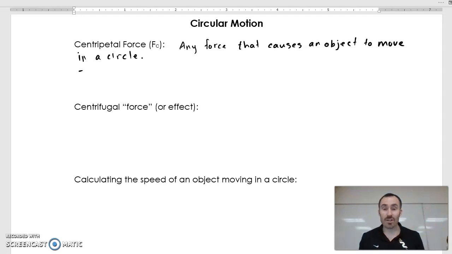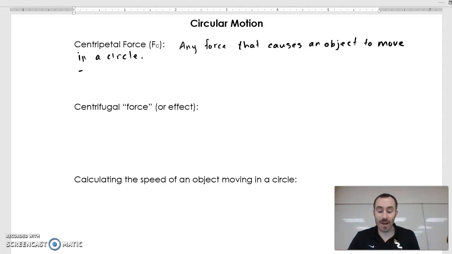If there was no friction, so imagine a really, really icy curve, you turn your wheels and there's not enough friction for your wheels to cause you to turn in a circle, and so you just keep going straight right into the ditch. So in that case, the centripetal force would be friction. Okay, so it's any force, we already know of a lot of them, it's any force that's allowing circular motion to happen.